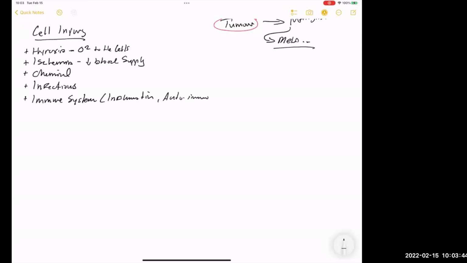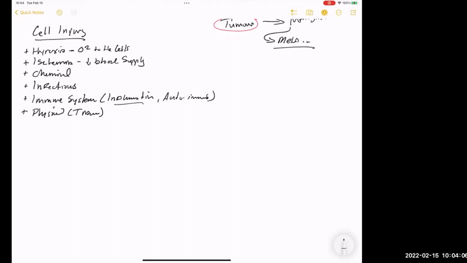We'll talk about those in some detail later on. You can have physical, right? Think of trauma, traumatic injury, right? And I mentioned just the damage due to prolonged inflammation, right? So these are some of the kinds of cell injuries.